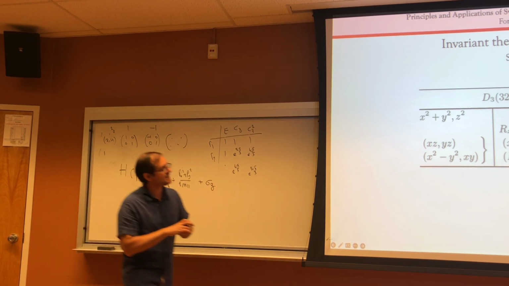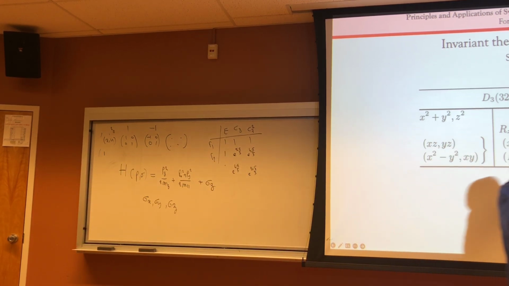Sigma z falls under the A2 representation. So basically the only way I can have a term that fits my D3 system is if I have a product between Pz and sigma z.